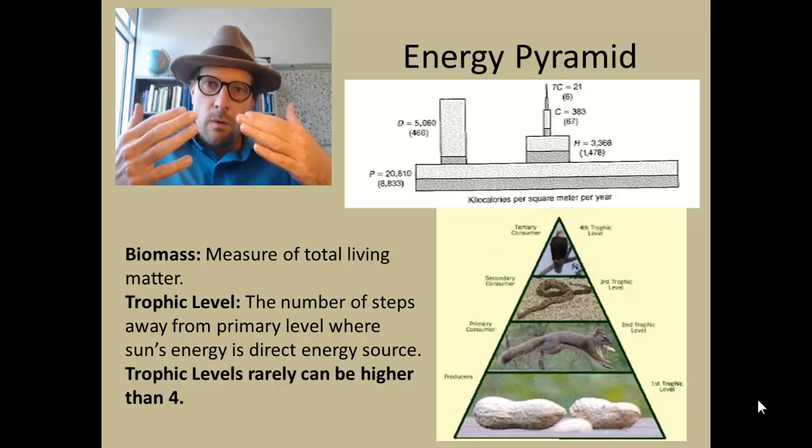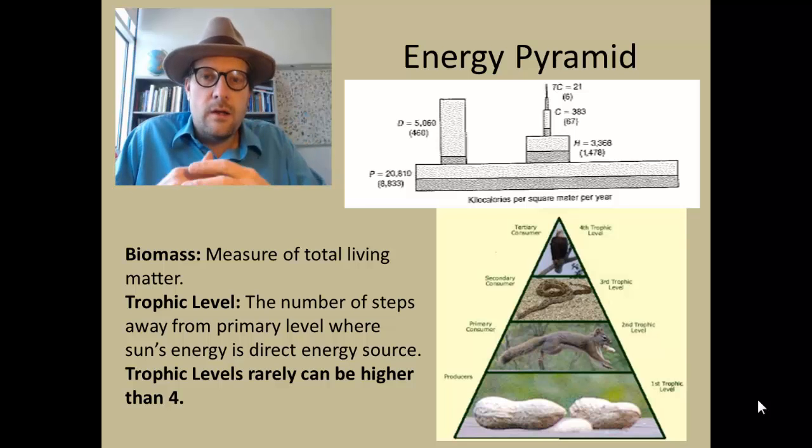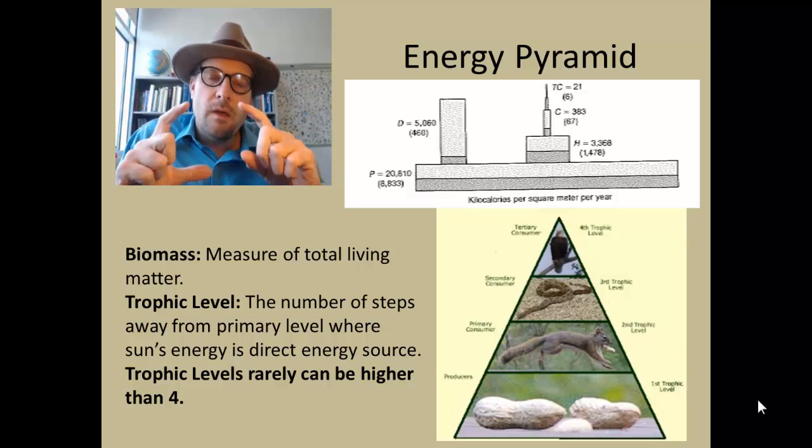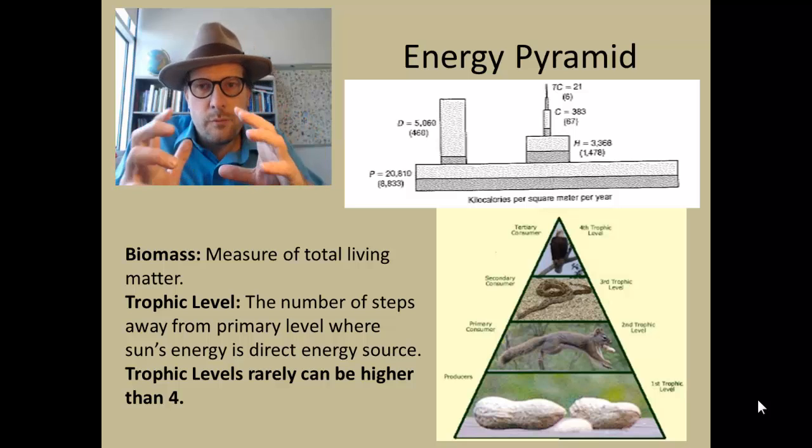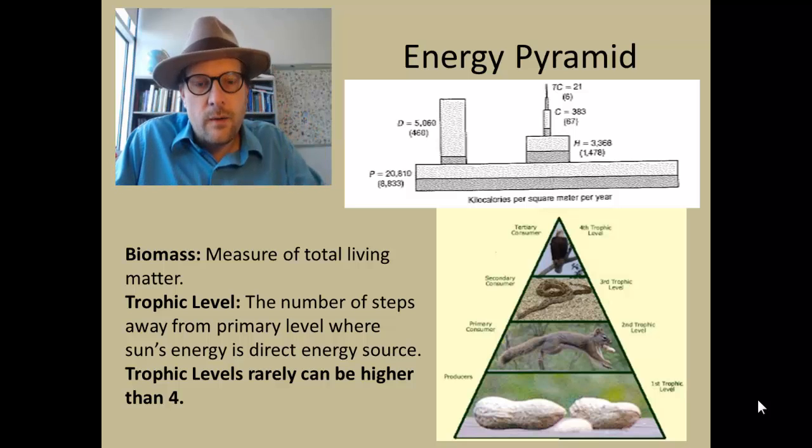So the higher you are in these trophic levels in the energy pyramid, the smaller the amount of biomass. And trophic pyramids are usually not very high. Once you get about 4 or 5, you really just don't have enough energy.